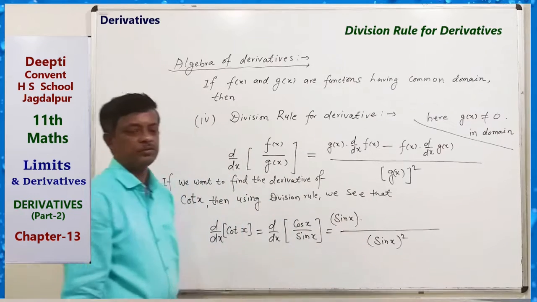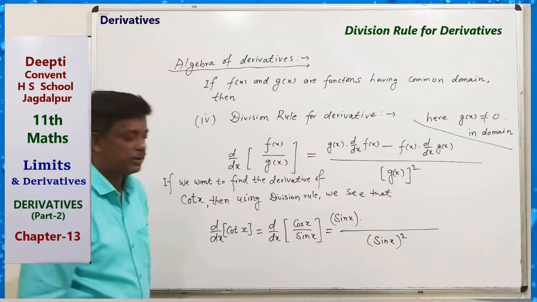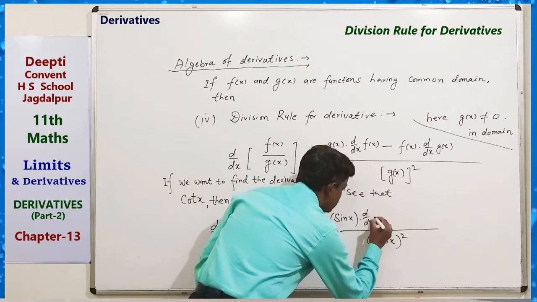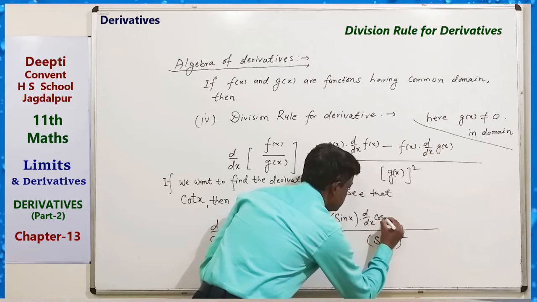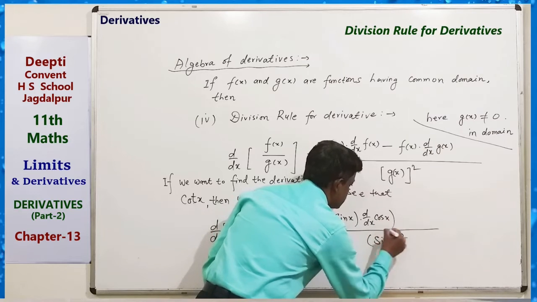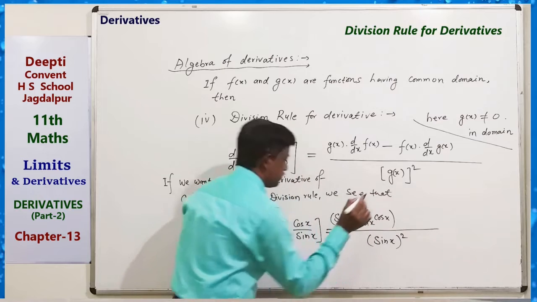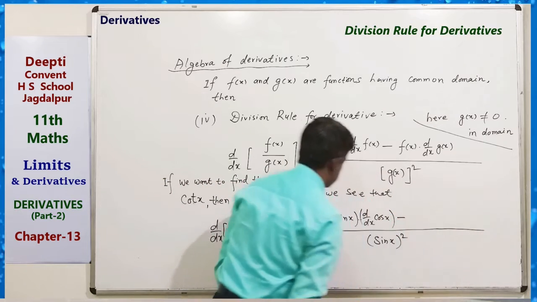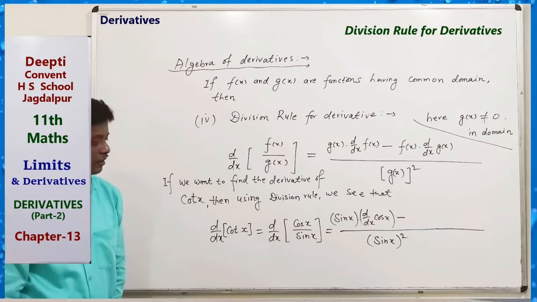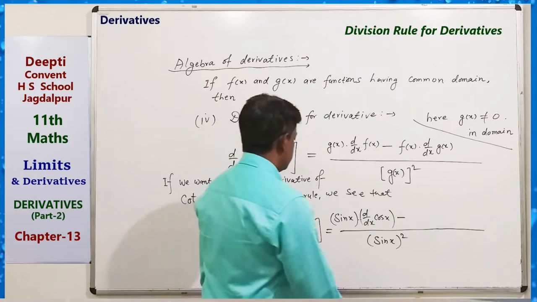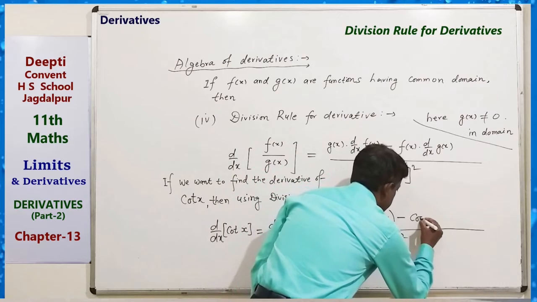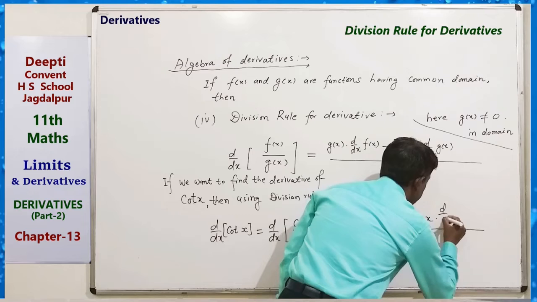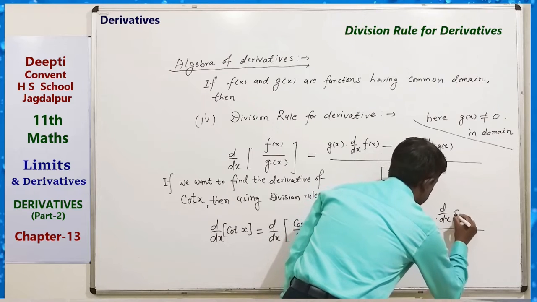Denominator into derivative of numerator, that is cos x, minus, in reverse order, numerator cos x into derivative of denominator sin x.